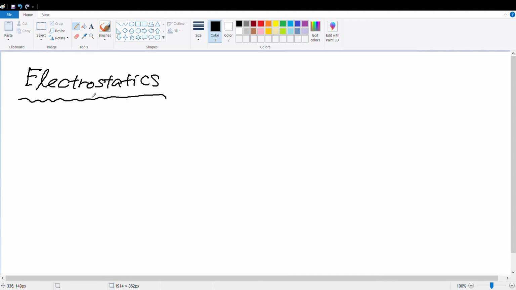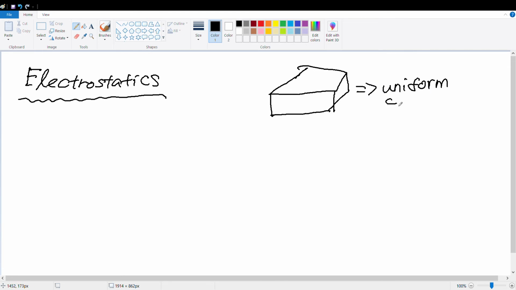So the cubic conductor, as I drew in the previous video, we actually call this a uniform conducting plate.